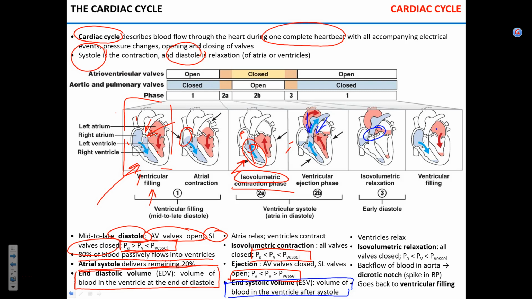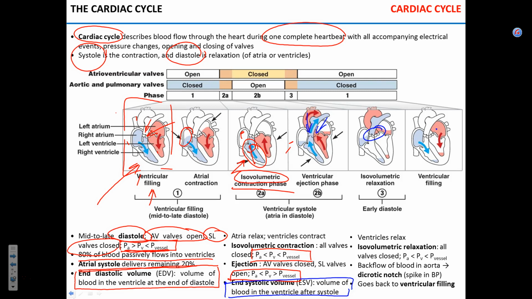The cloth absorbed some water. Does that make sense? It cannot absorb anymore. And then you squeeze it. So you squeeze some water, but the cloth remains wet. So that amount of water that stays in the cloth after you squeezed it, that's end systolic volume. Does that make sense to you?